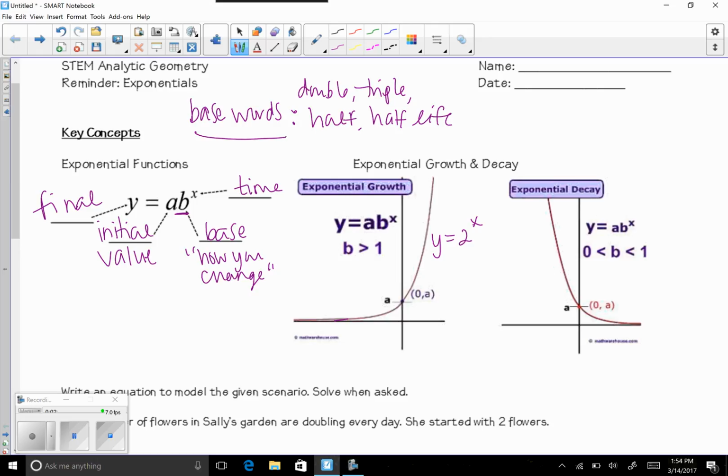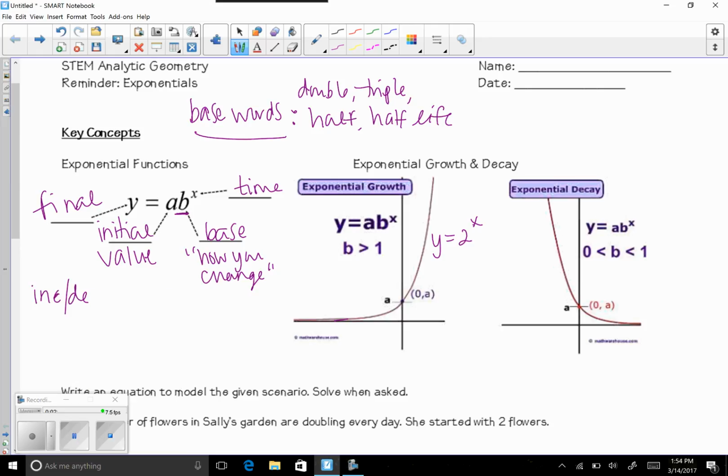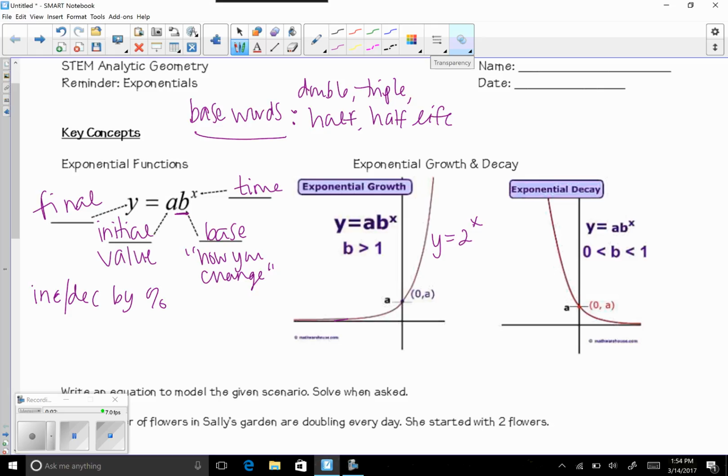Sometimes, though, you may increase or decrease by a percent. And I don't know if you guys remember or not, but if you increase or decrease by a percent, that b is going to change and become y equals a times 1 plus or minus r to the x power.